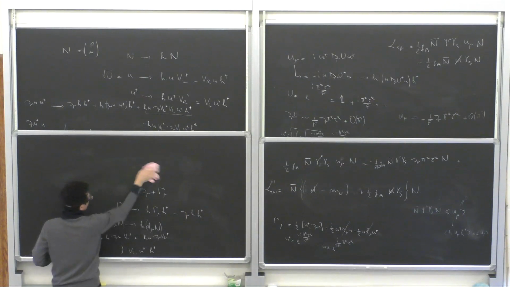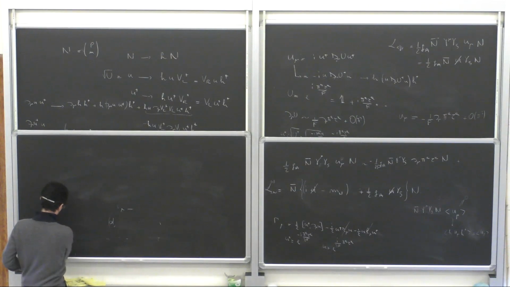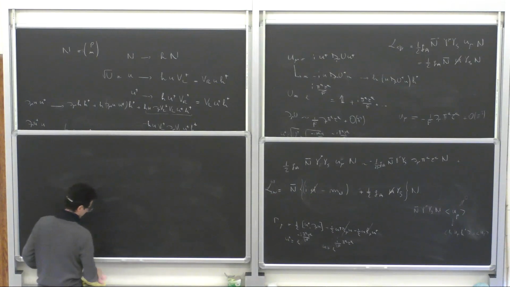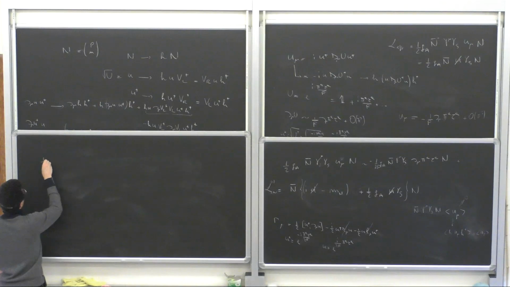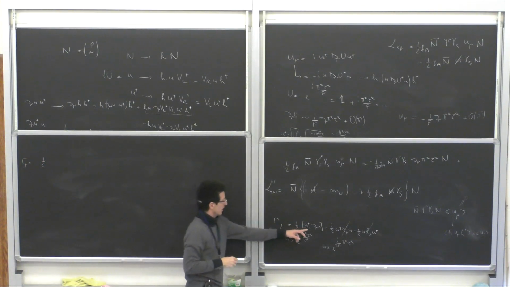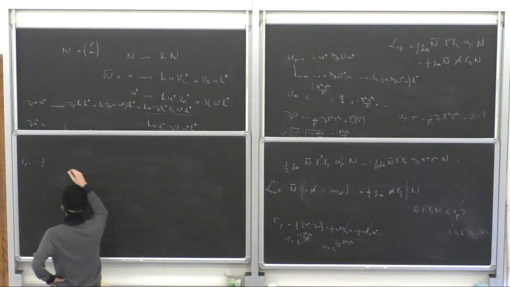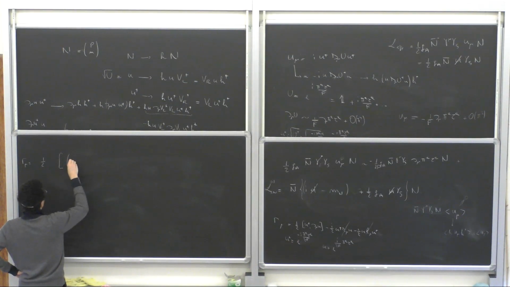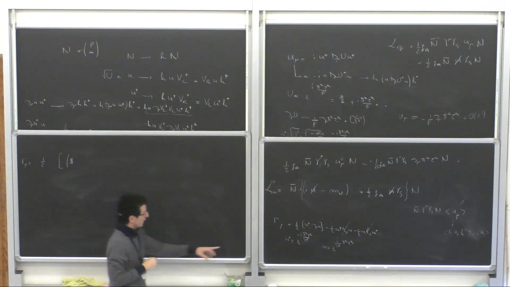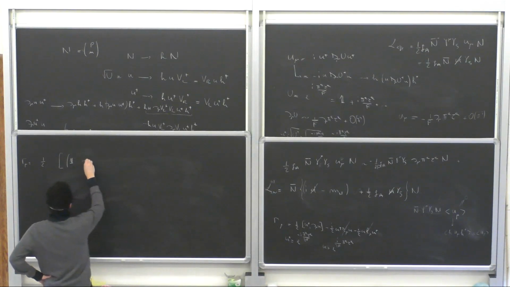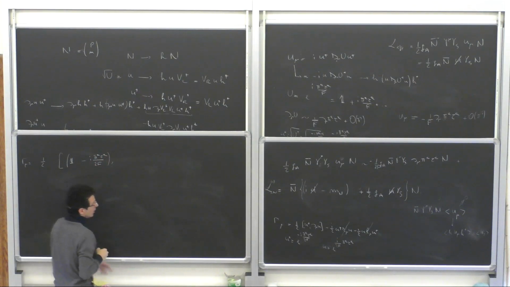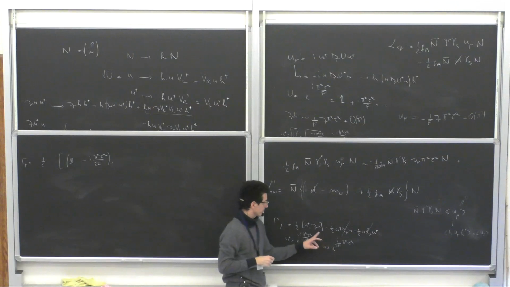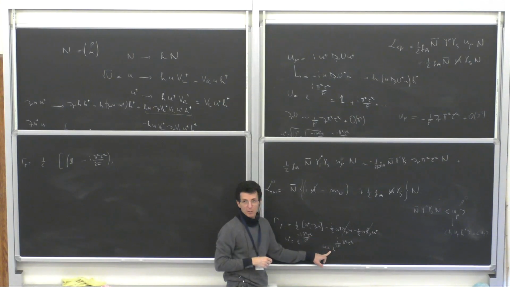So we have to make the following calculation. One half gamma mu is equal to one half the commutator of U dagger, that is to say identity minus I pi a tau a over twice f, with the derivative of this U, okay?